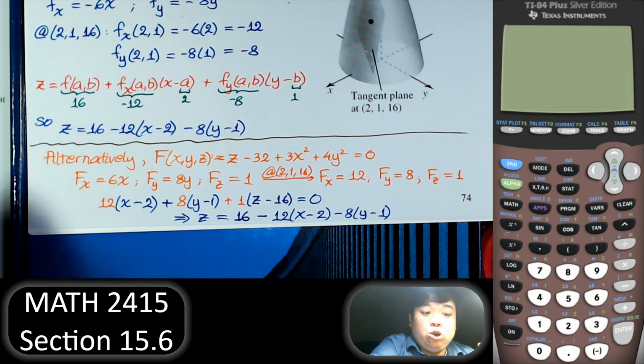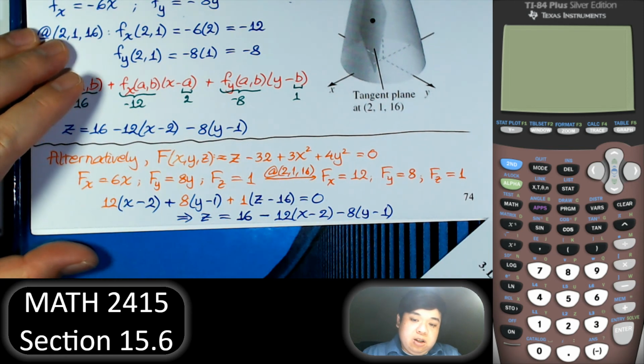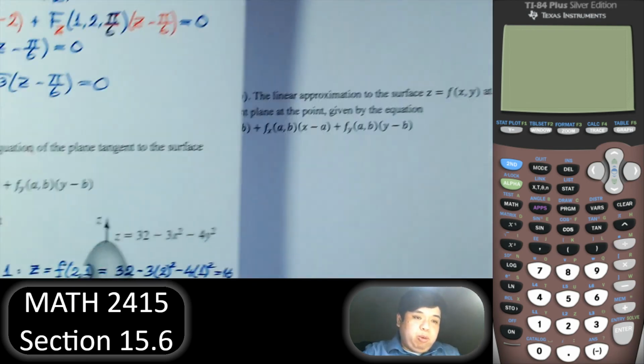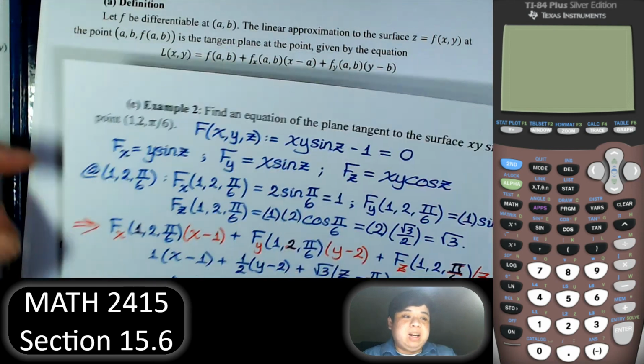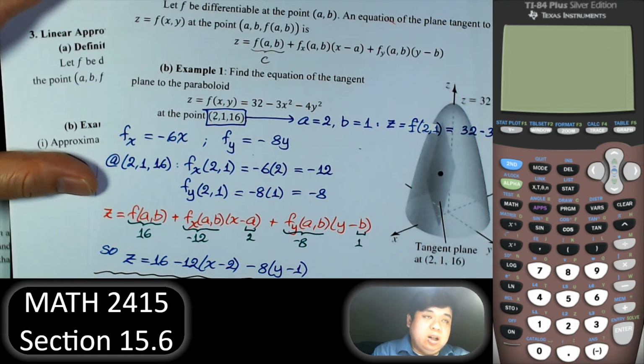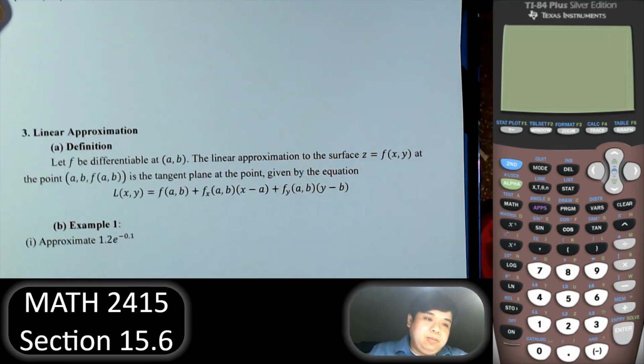So that's the way it should be. So whether we find the equation of a level surface or just do a function, it doesn't matter. We might prefer to move everything to one side, make that equal to 0, and then just do the dot product equal to 0. So either way works.